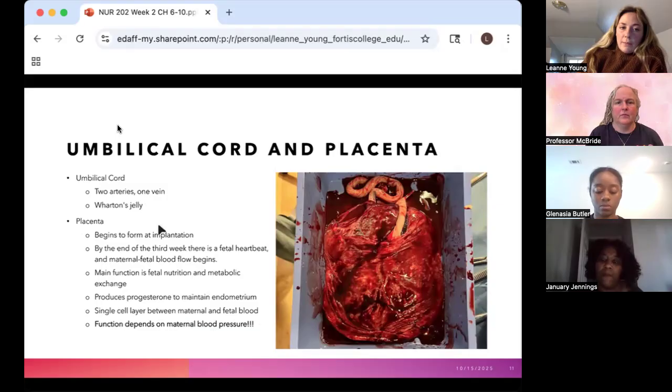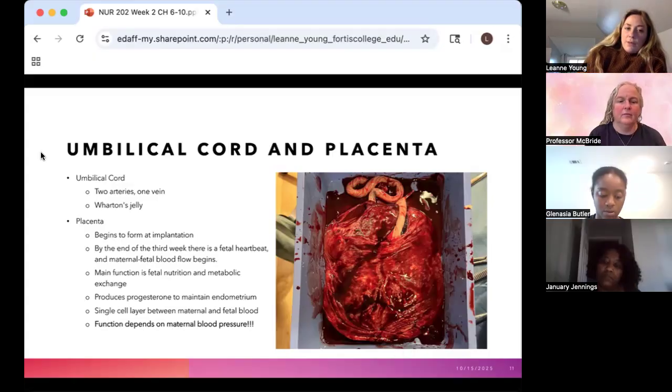Your placenta begins to form at implantation. And then by the end of the 3rd week, there's a fetal heartbeat, and that is when your maternal fetal blood flow begins. The main function of the placenta is fetal nutrition and metabolic exchange. It also will produce progesterone to maintain the endometrium. And then the function of it depends on the maternal blood pressure.